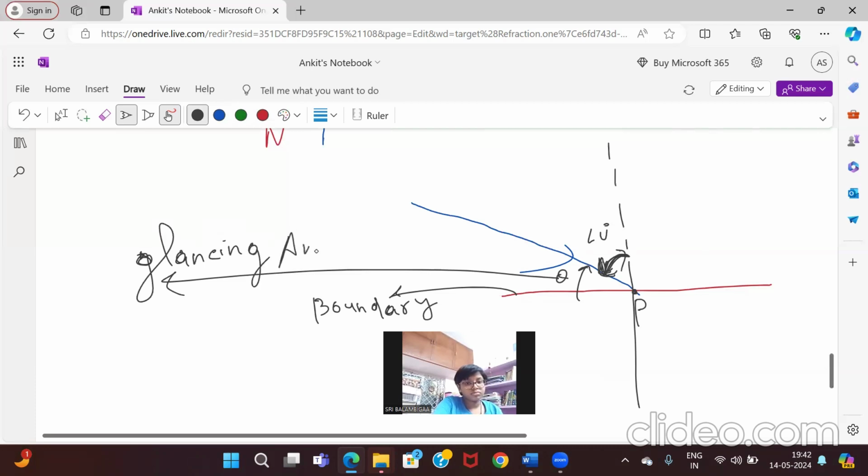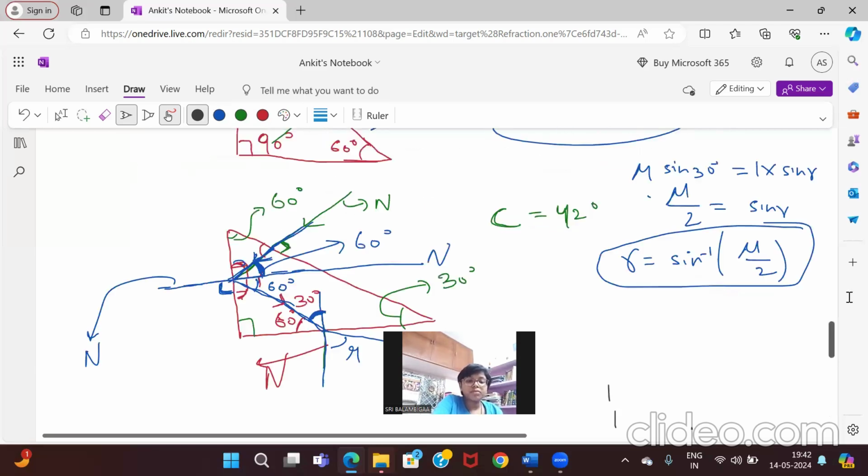Never ever say that, because this is the angle made from the boundary, but this is the angle made from the normal. This is normal, at 90 degrees. Clear? So this is the angle of incidence. Understood? Any problem, any doubt?